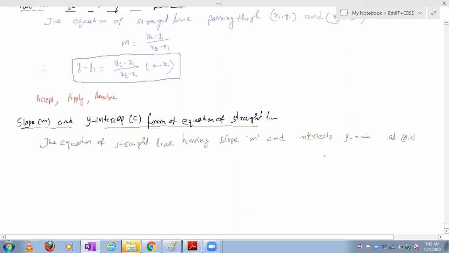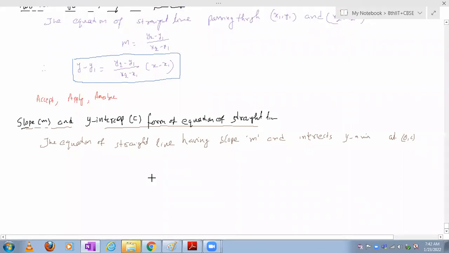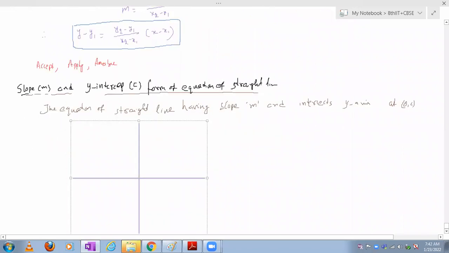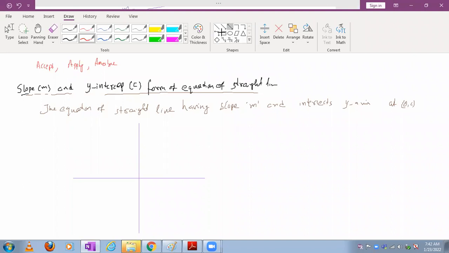Actually, c is called y-intercept. Suppose, see how it is intersected. So let me draw the coordinate axis first. Now I'll draw a straight line.